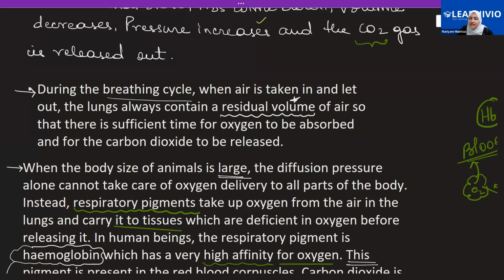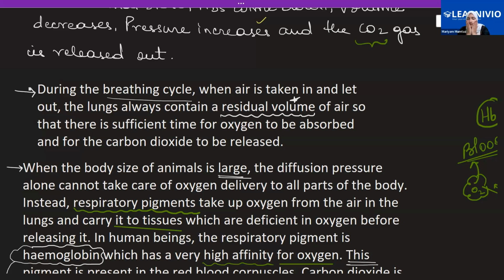Because our lungs always contain a residual volume, meaning that an amount of air always stays in the lungs. Imagine if the lungs took out all the air, they would become flat like this. We can't afford that or else we'll die. So a minimum amount of air is always present in our lungs, and that is what we call residual volume. Clear?